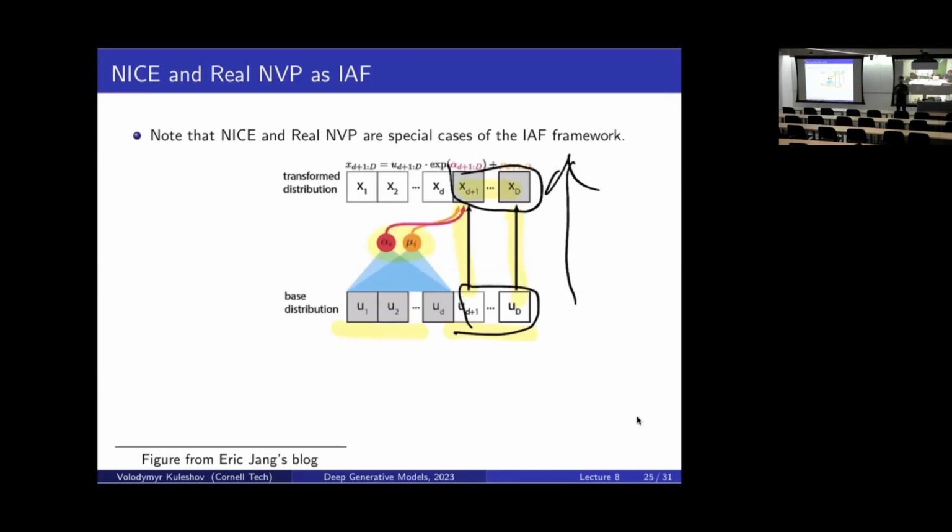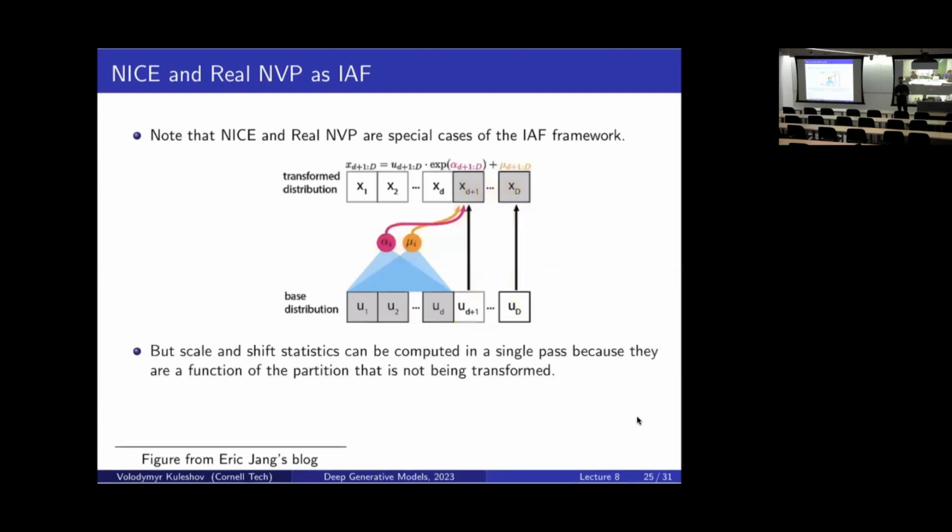Given the input variables, we compute these parameters from the previous block, and then we use them to scale and shift the other block. So that's the relationship between Real NVP and the IAF. Here both sampling and posterior inference are fast, but because we're modifying multiple variables at a time, each layer is in some sense simpler.